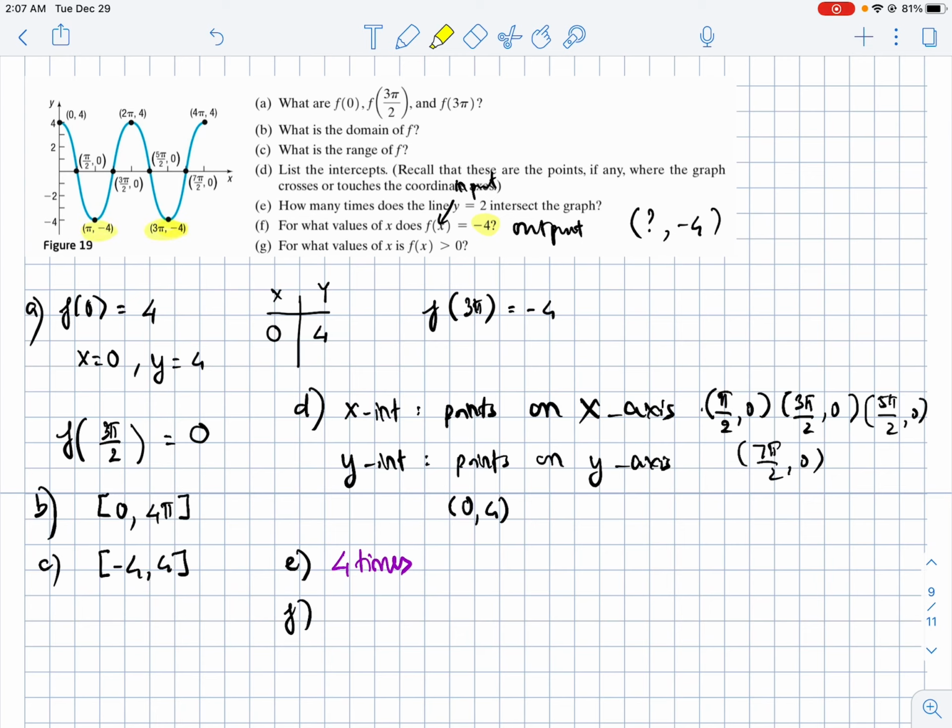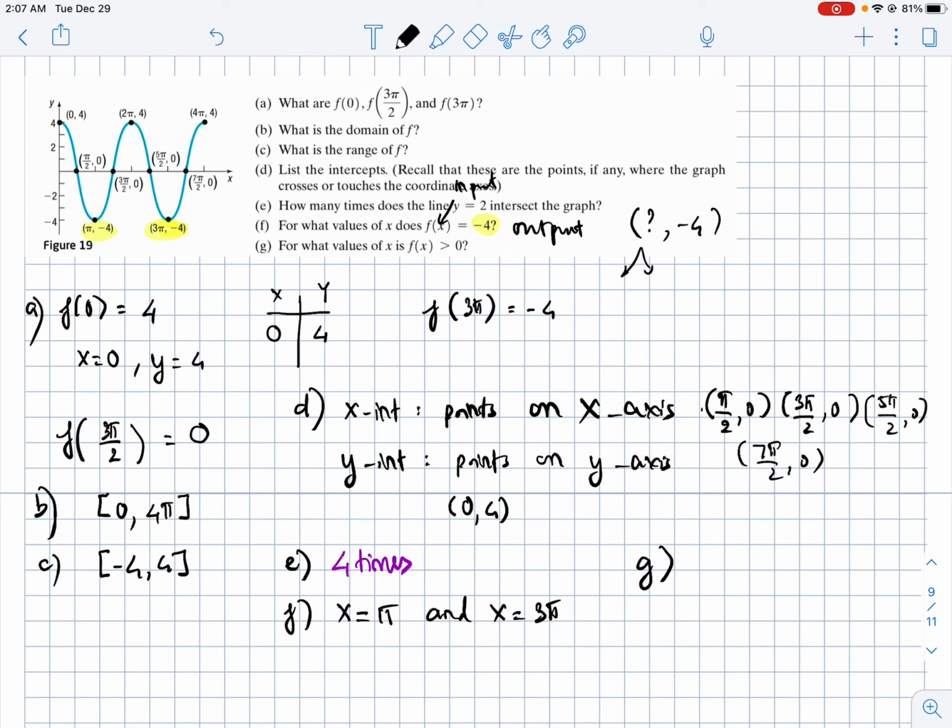We have this point and this point that have y equal -4. They're asking what values of x, so we have 2 x values, pi and 3 pi. So x equals pi and x equals 3 pi.